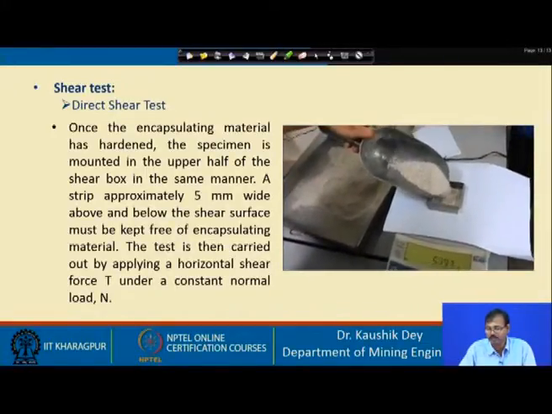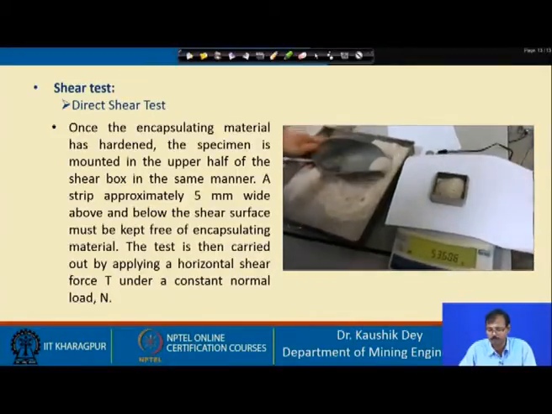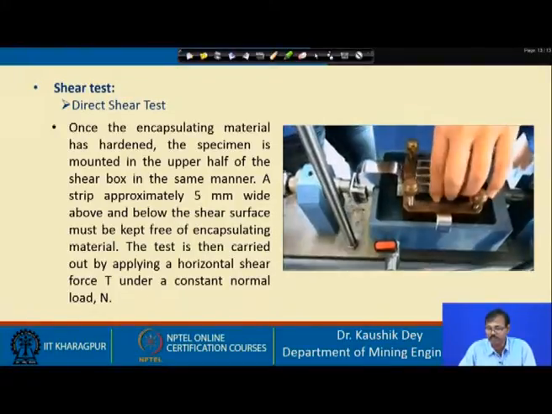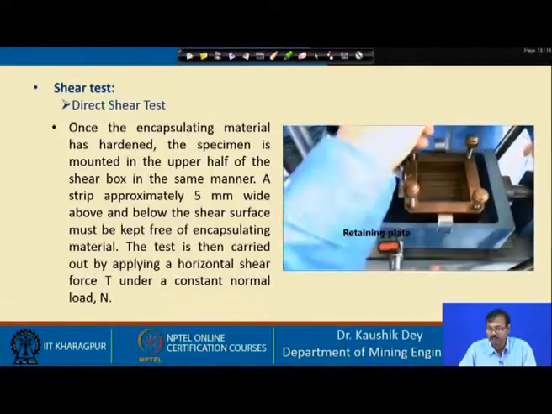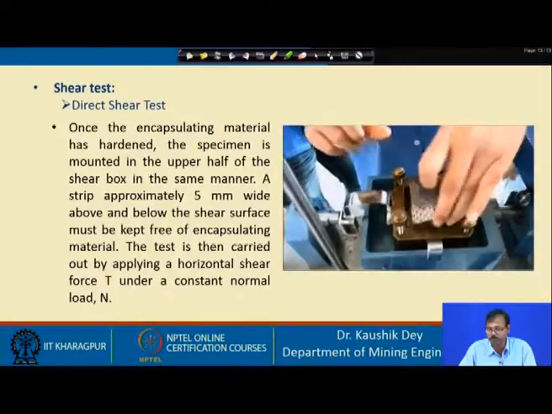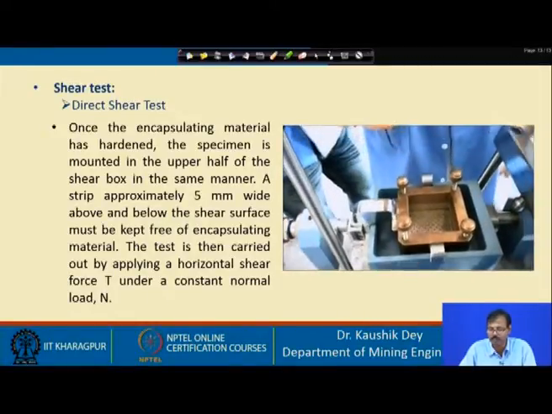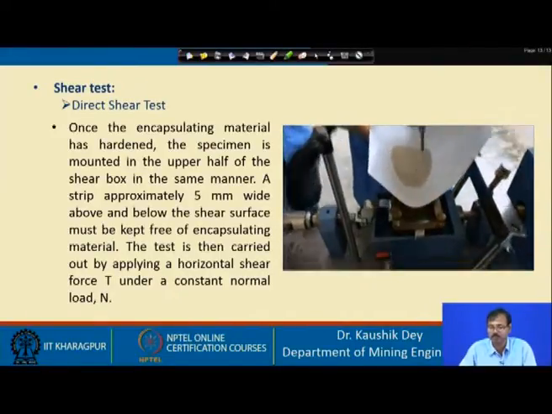Sandy soil material is taken in a fixed quantity, then the shear box is set. This is the shear box. First the retaining plate has to be provided, then the perforated plate or solid grid plate, then the material will be placed on that.